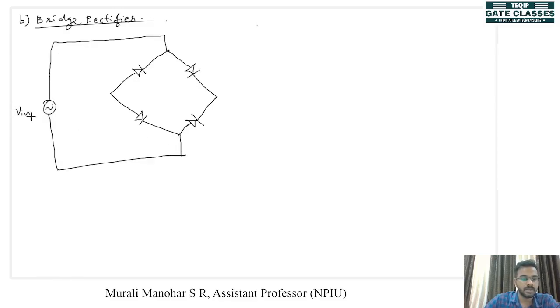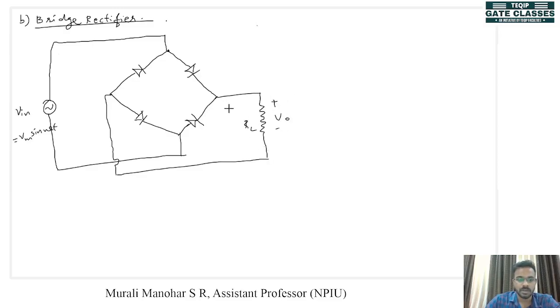This is V in, which is Vm sin omega t. Now we have our output connected here. This is RL plus or minus V out, and this is the positive direction of IL. Let's name the diodes. This is D1, this is D2, this is D3, and this is D4.